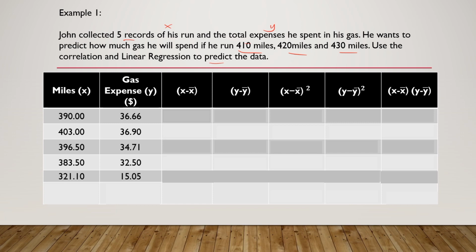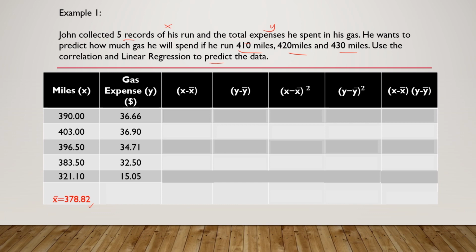To find the average, just take the summation of these 5 values: 390 plus 403 plus 396.5 plus 383.5 plus 321.10 divided by 5, and that is equal to 378.82.